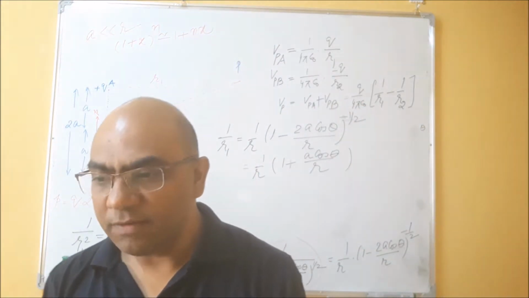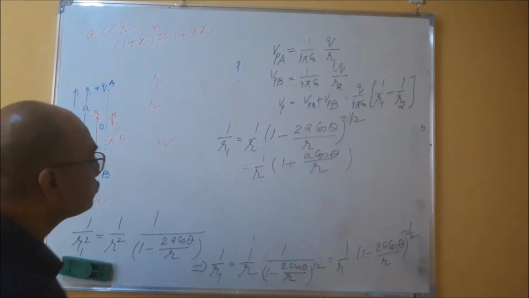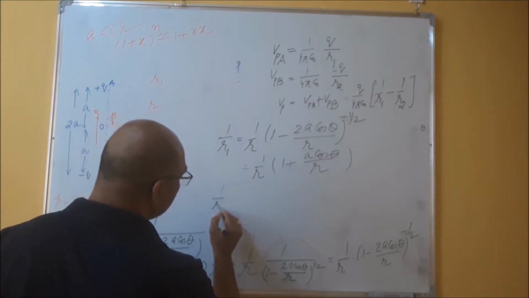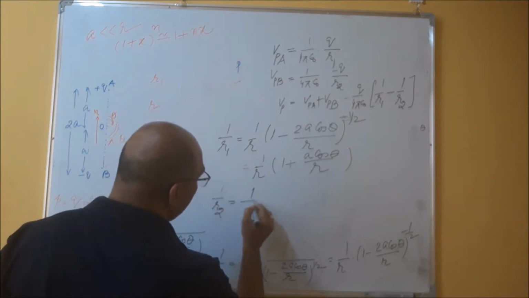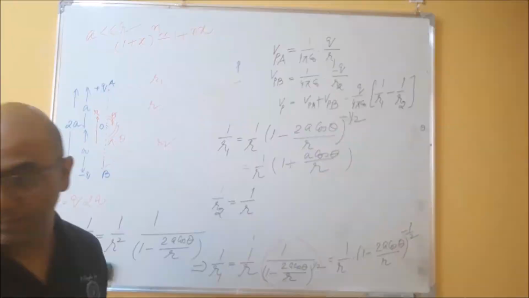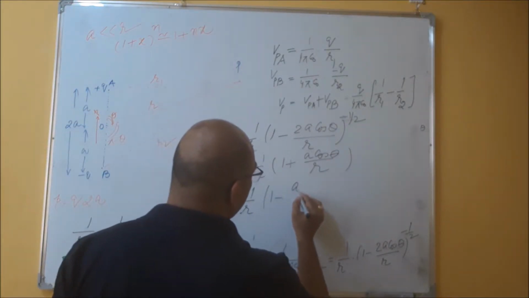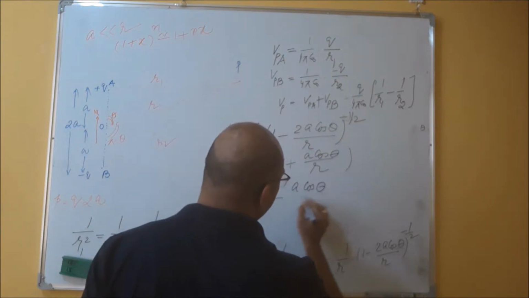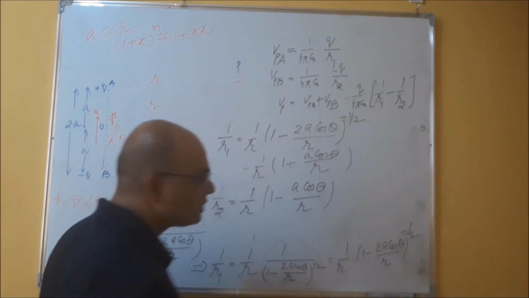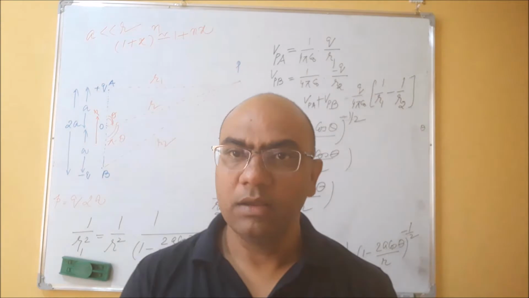Right. In the same way, if I solve for r2, I am giving you the direct expression. This will be 1 minus a cos theta upon r. Same concept you will apply.